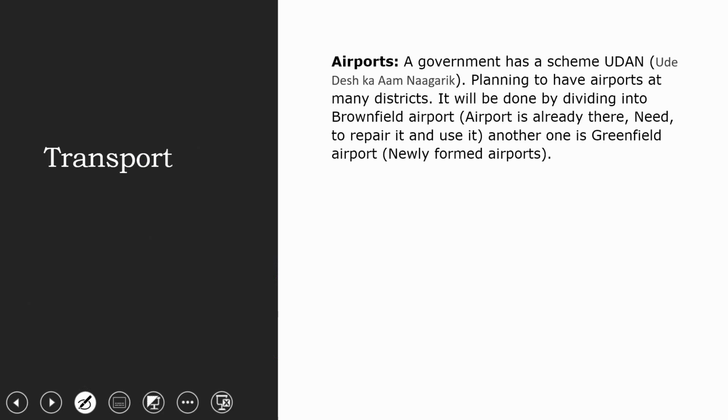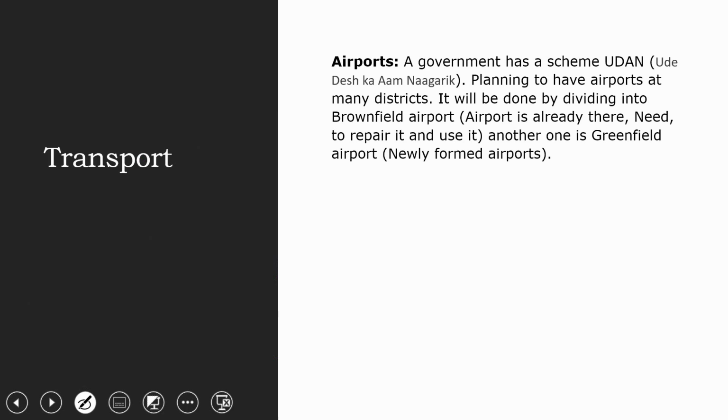So after that Bagdogra airport, at Siliguri, is being used. Earlier also that airport was used. After the Sikkim airport at Kalimpong got shut down, Bagdogra airport is being operated.